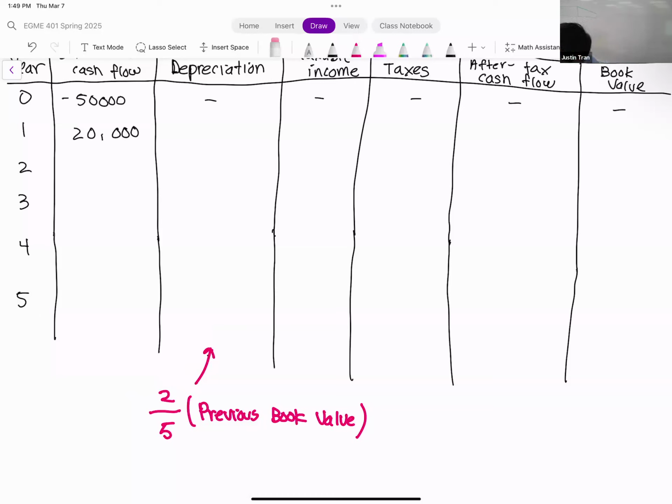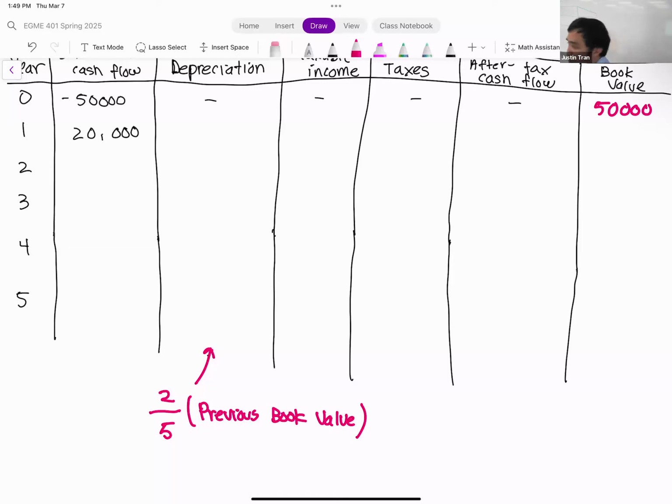Maybe I should have done this. And so let's go back to year 0 here. And the book value at the end of year 0 is 50,000. So the book value is nothing more than just the current value of the asset. And so if we're going to compute the depreciation, we're going to do 2/5 multiplied by the previous book value.